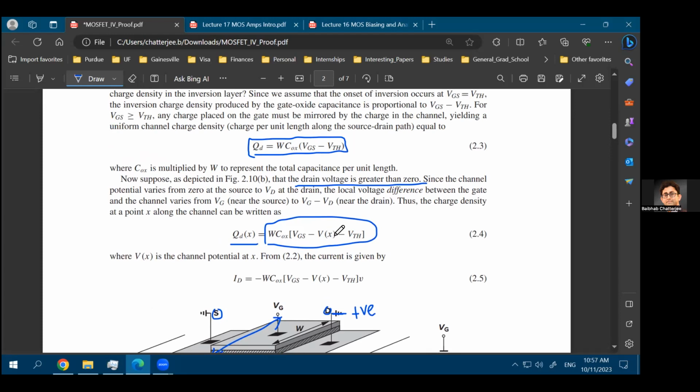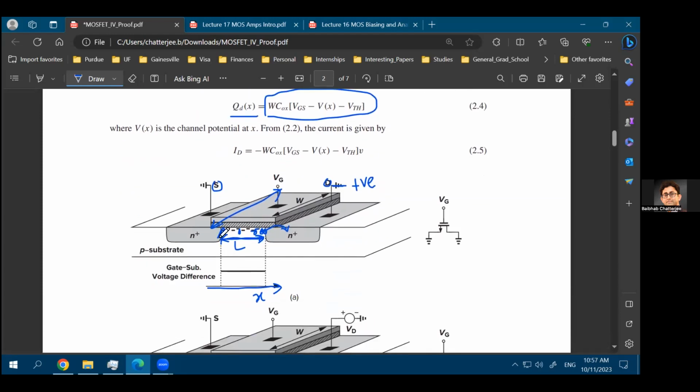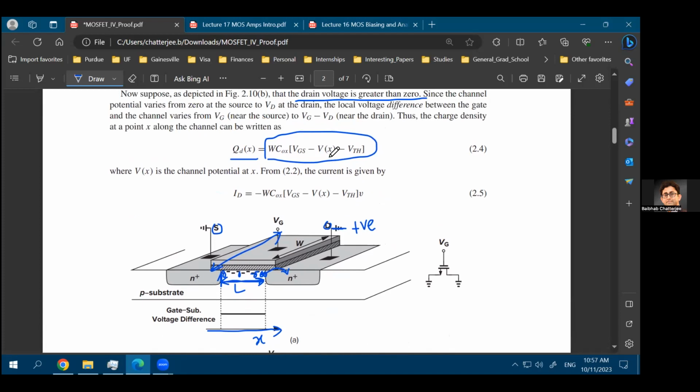Now, when x is equal to 0, when you are very close to the source, the Vx is also equal to 0. So near the source, you'll have a voltage of VGS minus VT. But near the drain, you'll have less voltage because you are applying that additional voltage to the drain, and because of that, you'll see a gradient in the amount of charge that is present in the channel, and that's how it can be represented.